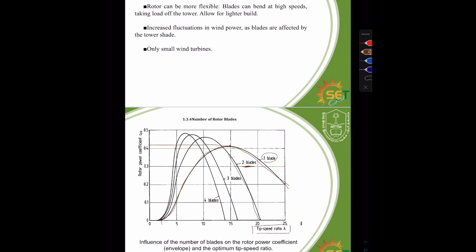The two blades have a smaller tip speed ratio range, but more power coefficient.